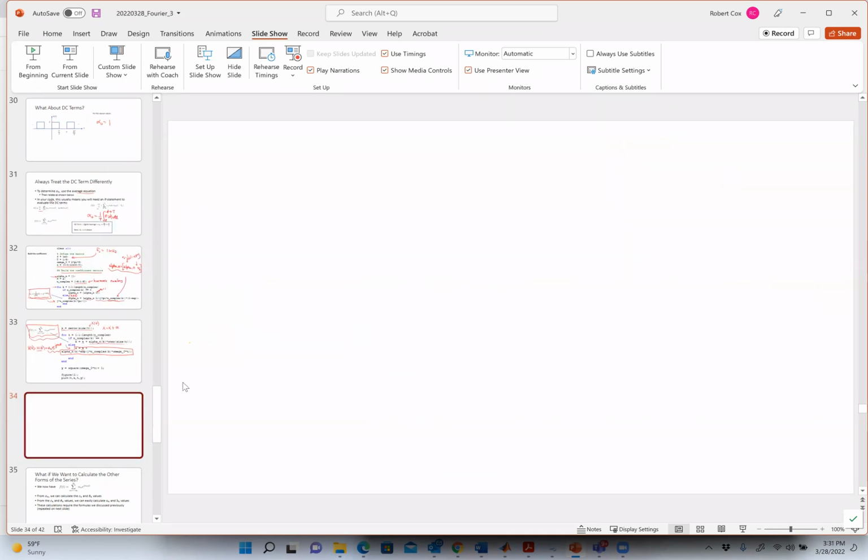So let's take an example. When I initialized alpha n, I said alpha n is equal to nothing at that point, it's an empty vector.